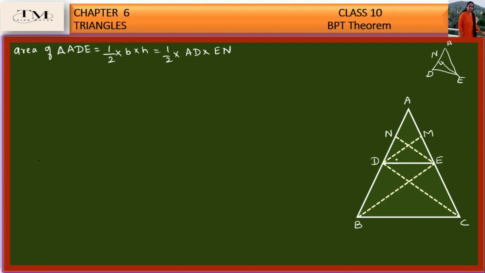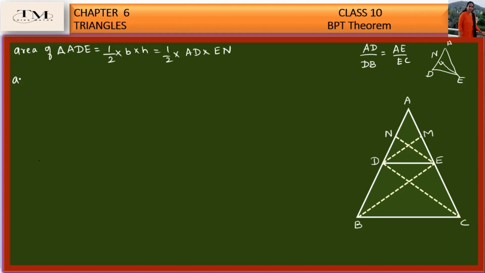Correspondingly, I am going to take the triangle BDE, because we have to prove AD by DB equal to AE by EC. If I find out the area of triangle BDE and divide ADE by BDE, I will get AD by DB. So I am going to consider the triangle DBE.